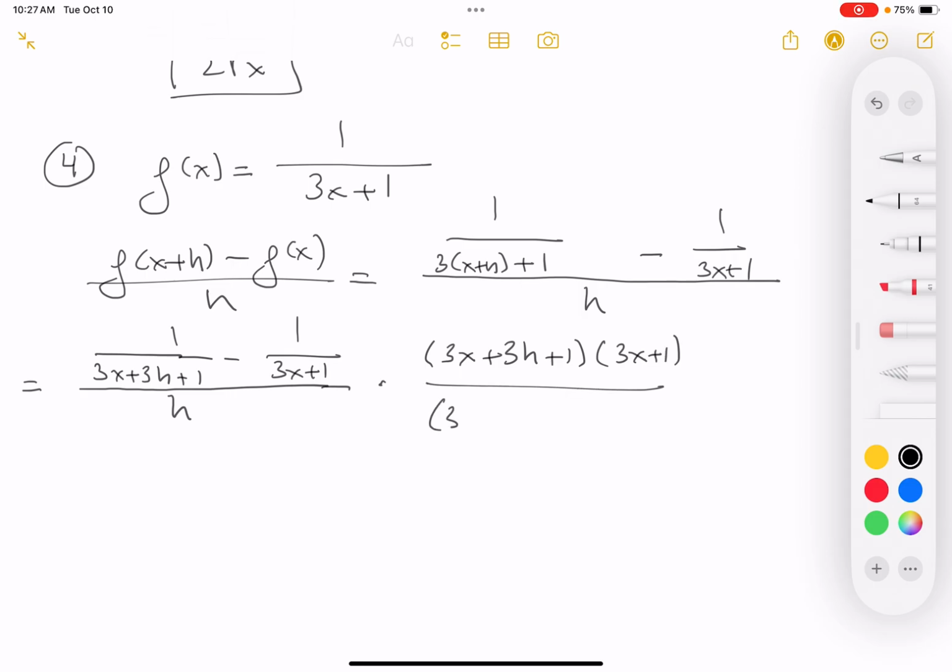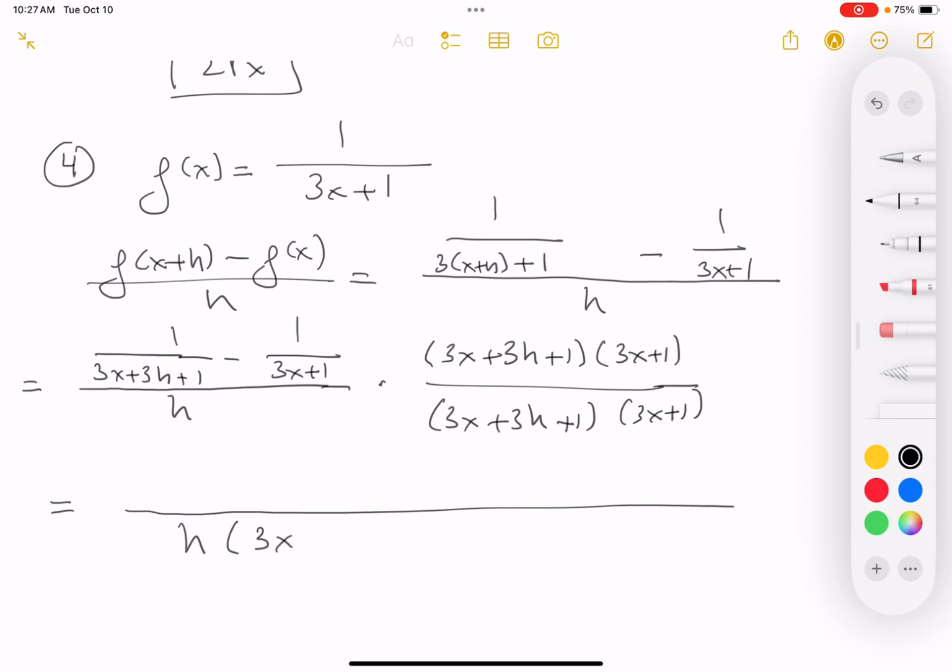The bottom is going to be 3x plus 3h plus 1 times 3x plus 1. But if you do that, what are you going to get? You have to be careful here. The bottom is h, and then you get 3x plus 3h plus 1 times 3x plus 1. What do you get on top? 3x plus 1 minus 3x plus 3h plus 1.